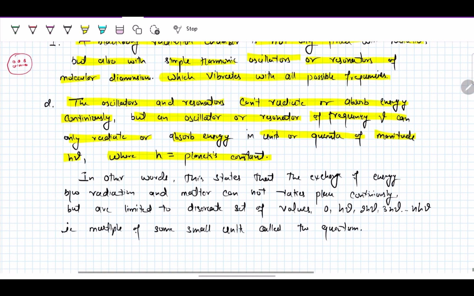So from here we got the concept of Planck's constant, and in other words this states that the exchange of energy between radiation and matter cannot take place continuously but is limited to a discrete set of values 0, h nu, 2 h nu, 3 h nu up to n h nu, that is, multiples of a small unit called a quantum. From here we got the word quantum.